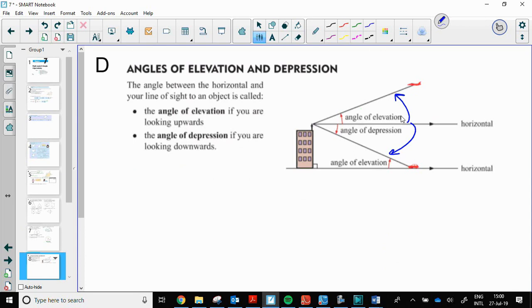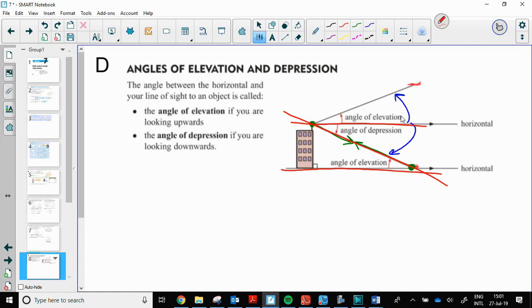Also important to note, if we have two points at different heights, the angle of elevation looking up is always going to be equal to the angle of depression looking down, because of course we have here two parallel lines cut by a transversal, and we have alternate interior angles which must be congruent.